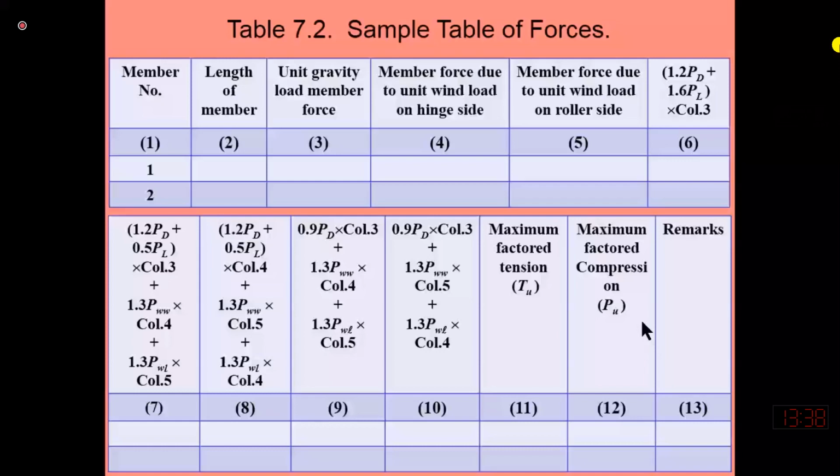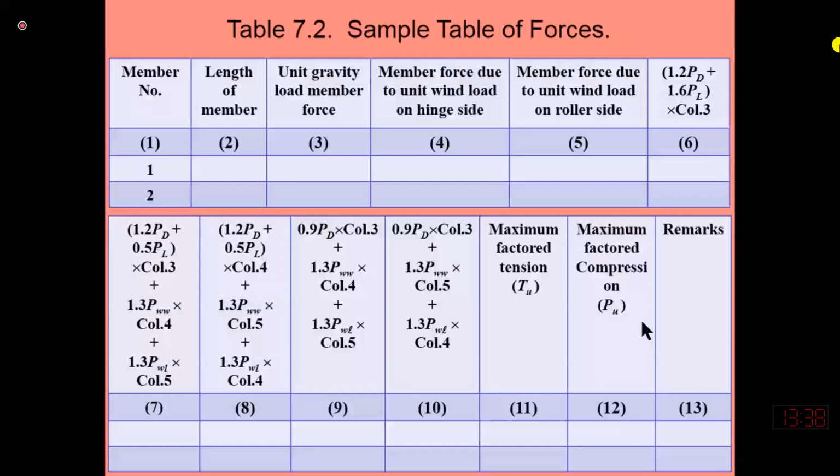So what is this table of forces? From this table, we are interested in determining the maximum compression or tension which is produced in any truss member due to the 5 load combinations that I explained in previous slides.